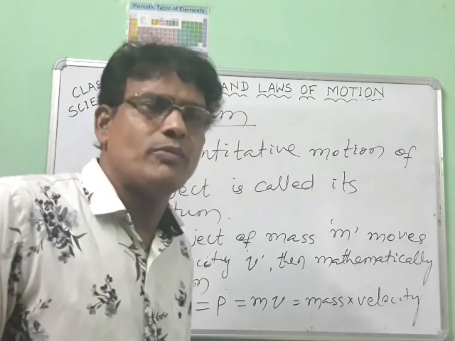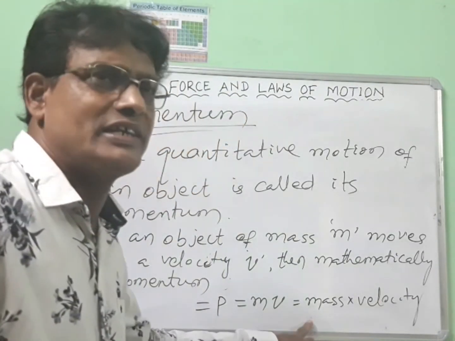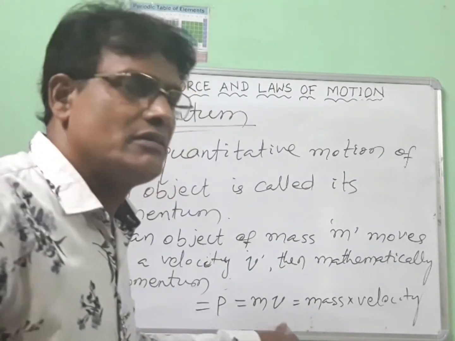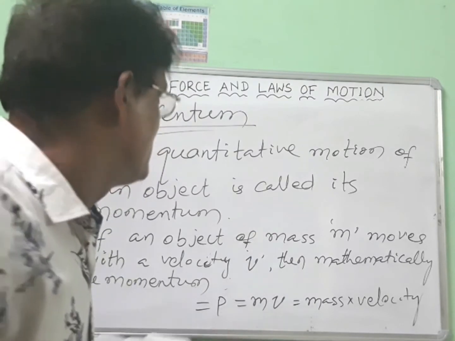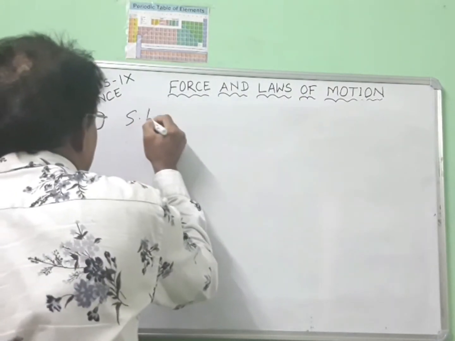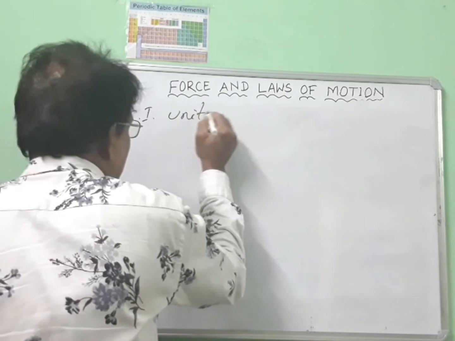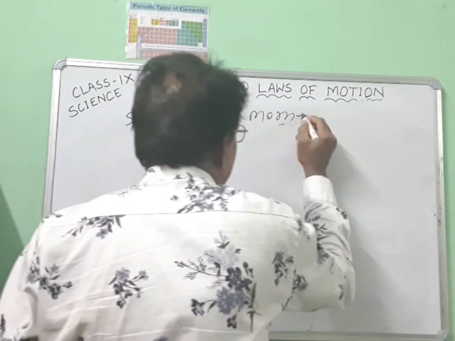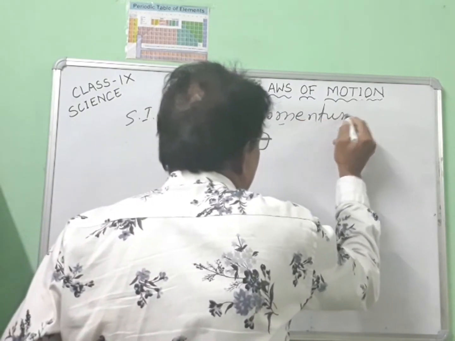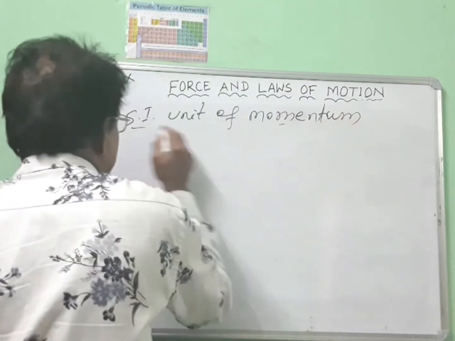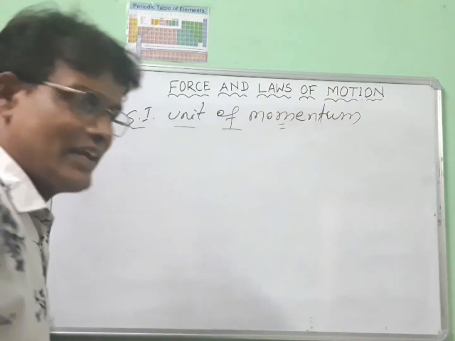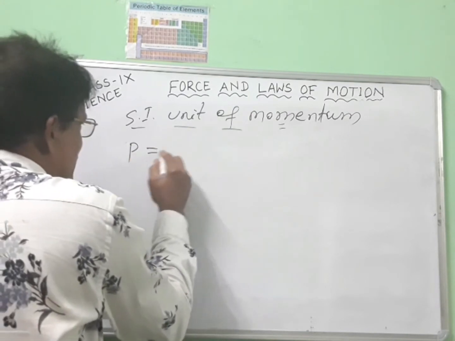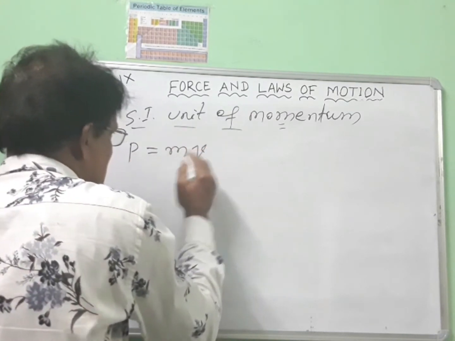Now the SI unit of momentum. We already know that momentum P is equal to mv, mass into velocity.